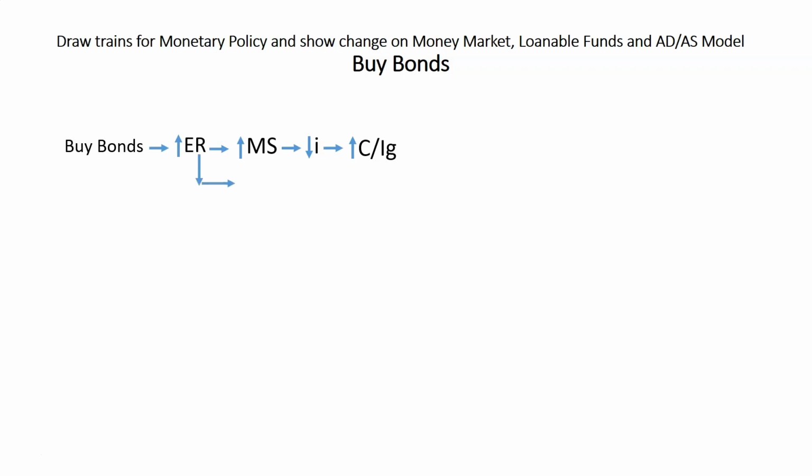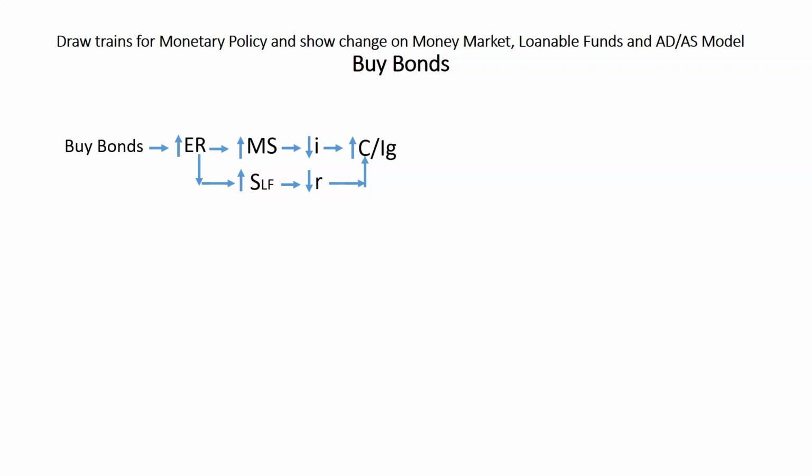In addition, when the Fed buys bonds, that increases the supply of loanable funds because that money gets put into the banks to be loaned out. When you have an increase in the supply of loanable funds, that causes a decrease in the real interest rate, which again causes an increase in consumption and investment spending.